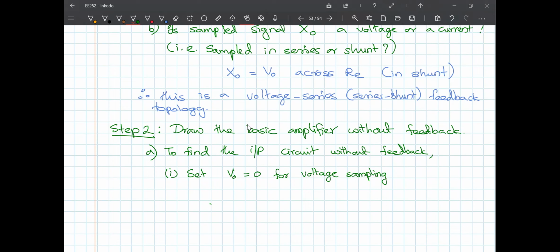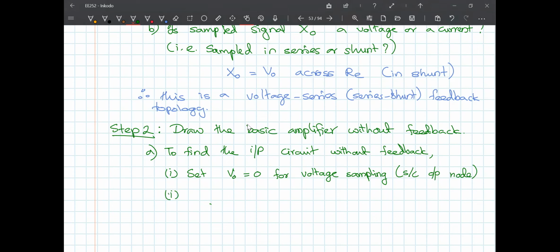In other words, if the output is a voltage, you make sure that voltage is 0. Whatever the resistor that you measure the output across, you short circuit it. Okay, so in other words, you short circuit the output node. Okay, so you short circuit this.